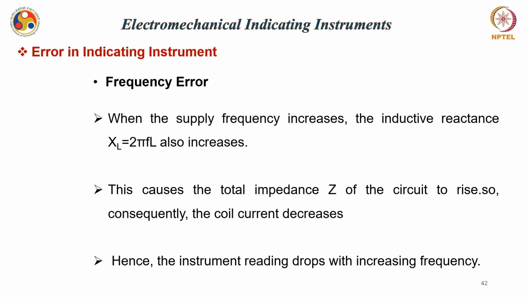All right. Now this is what we had to discuss in this second lecture of this third week. In the next class, we will talk mostly about the construction of an electromechanical indicating instrument, because the construction is very important and is the foundation behind all the electromechanical indicating instruments like PMMC, moving iron and all that, which we are going to discuss in the next modules.